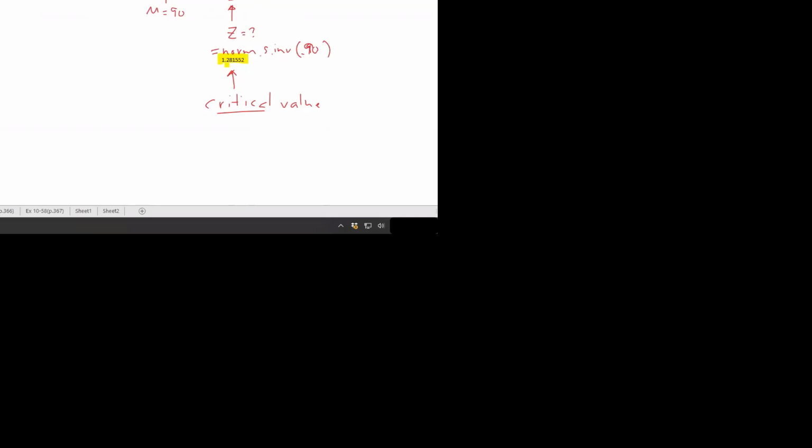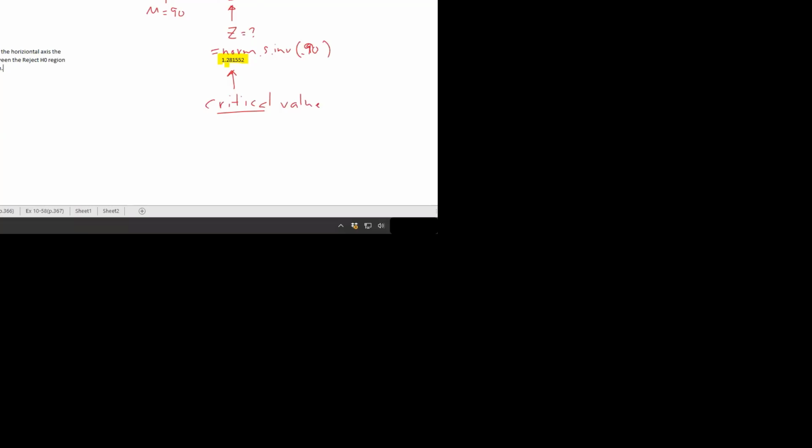Definition of a critical value: a critical value is a point along the horizontal axis that represents the boundary between the reject H0 region and the fail to reject the null hypothesis region.